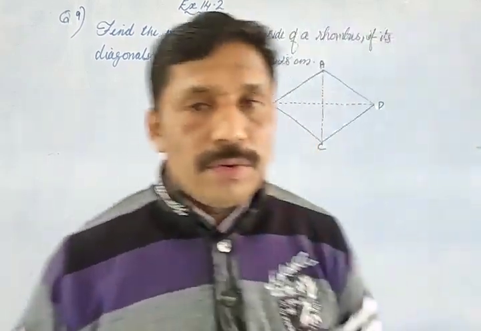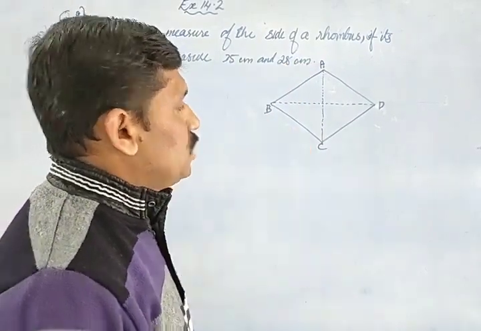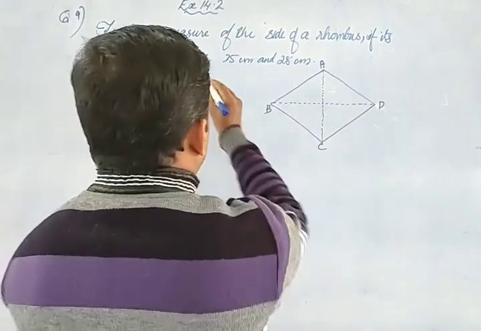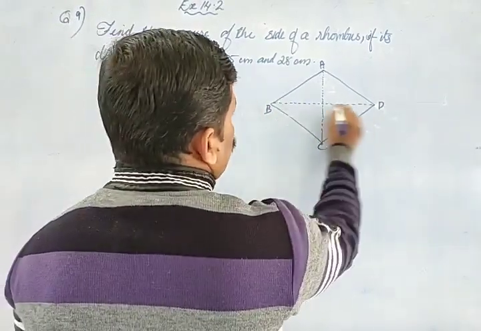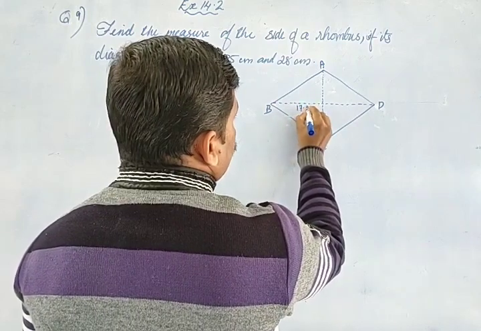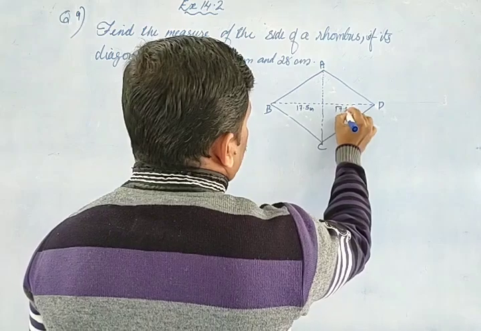So here I have drawn a diagram, a rhombus ABCD. In this diagram, one diagonal is 35, meaning the total is 35, therefore it is divided into 17.5 centimeters and here also 17.5 centimeters.